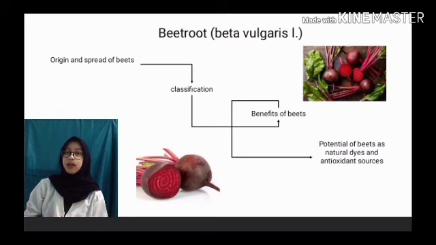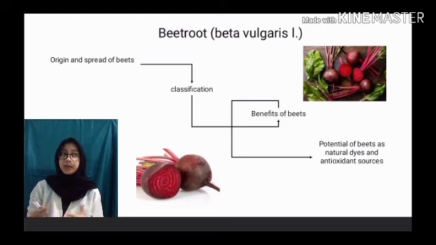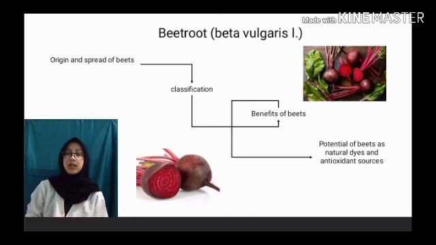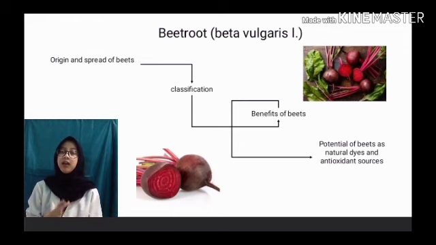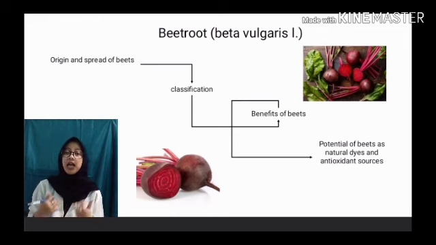Benefits of beets. Beetroot contains several nutrients, namely vitamins A, B, and C, with high water content. Besides vitamins, beetroots also contain carbohydrate, protein, and fat, which are useful for health. There are also some minerals contained in beetroot such as iron, calcium, and phosphorus.